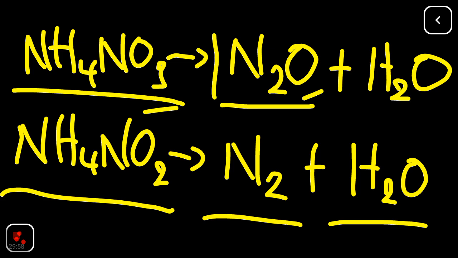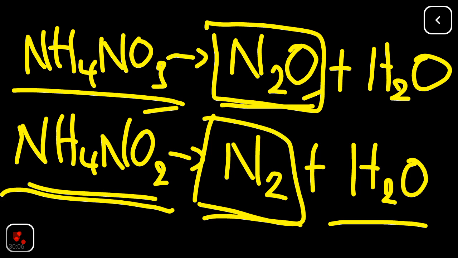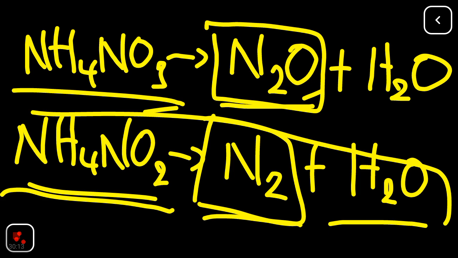This is used in production of laughing gas, and this is used in production of nitrogen gas. It's very important because in preparation of nitrogen gas you actually meet these guys. It's very important to know it.